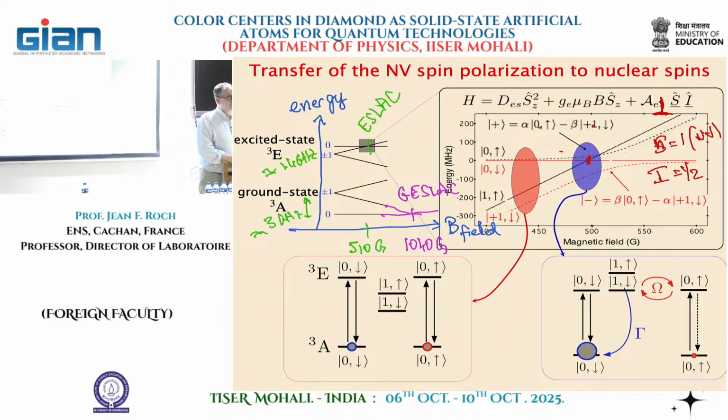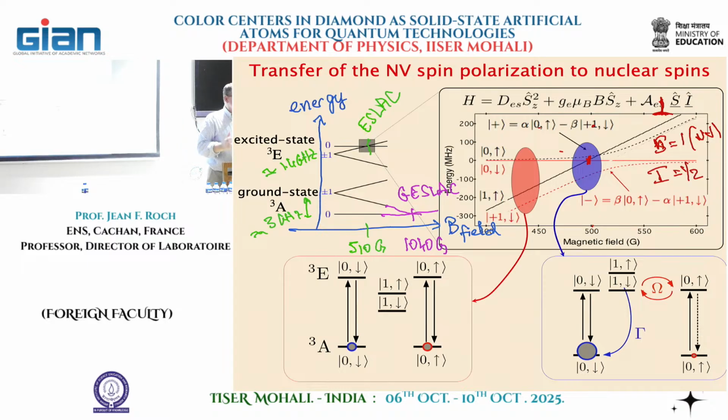Okay? So you'll see that after a few cycles, what I simply need is that this interaction is strong enough that during the lifetime of the NV in the electronic excited state, I have a strong probability of this flip-flop spin exchange between the electronic spin and the nuclear spin.